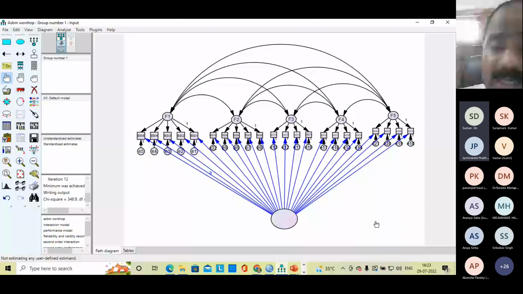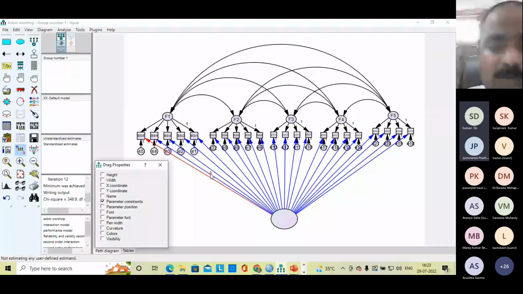Okay, so now I have chosen the parameter constraint to be reflected everywhere. I will drag and drop somewhere so that it will be turned A everywhere.